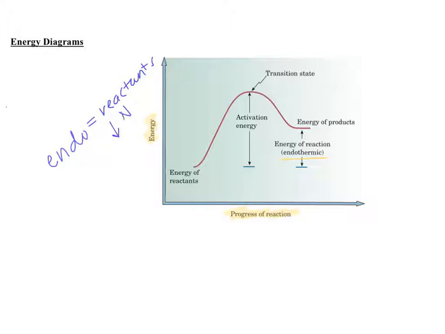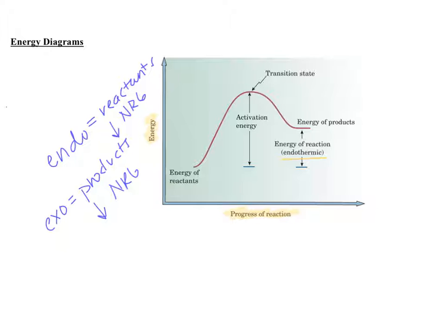Remember, NRG stands for energy. And for exo, you're going to have the products having less energy. So you can tell that just by the height. So you see here, the products are higher in height than the reactants, so this is an endothermic reaction.